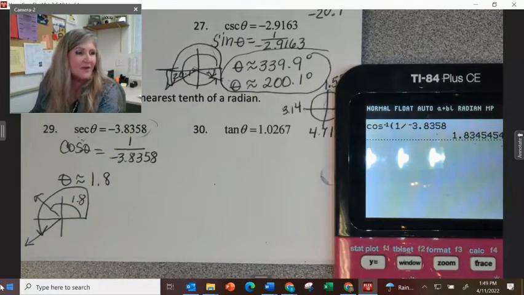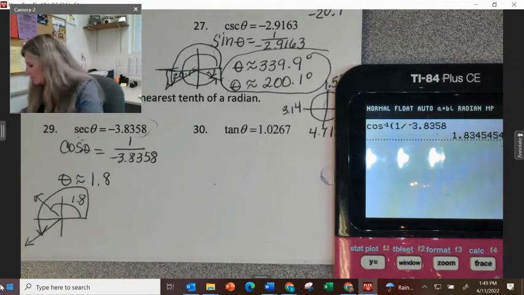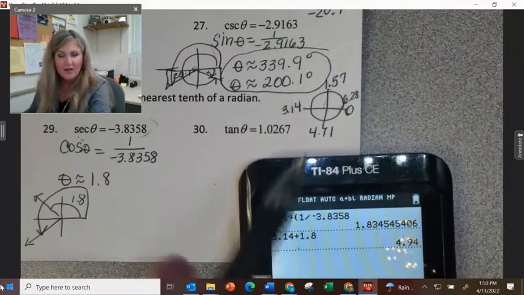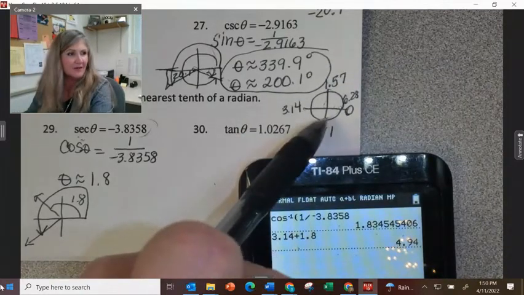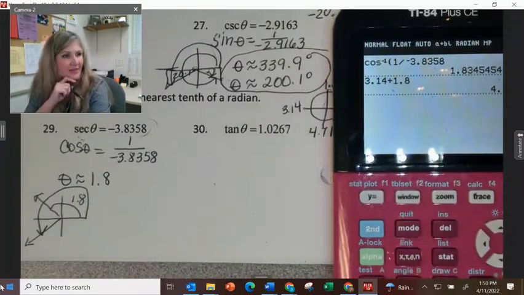How could we figure out that angle? Go ahead. Okay, so you're saying do 3.14 plus 1.8. That gives me 4.94. Is that going to be in the right quadrant? Okay, so that didn't quite work. Any other ideas?